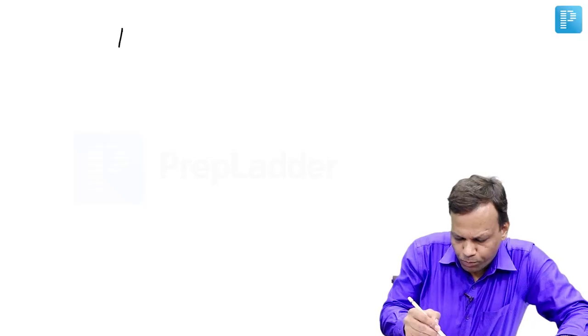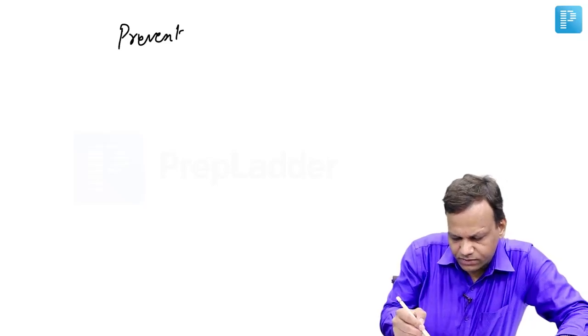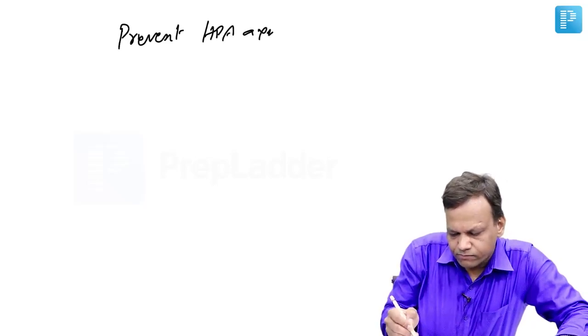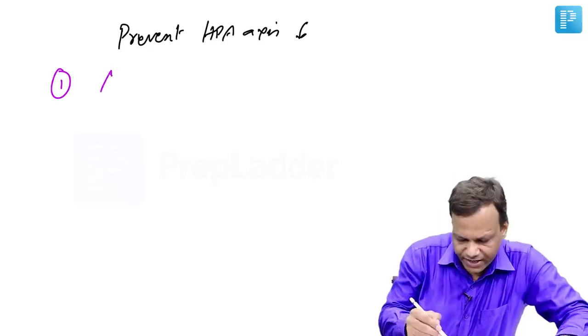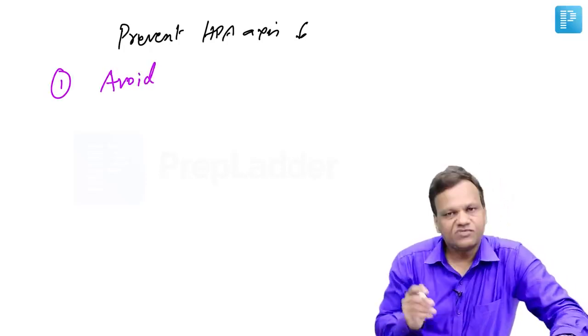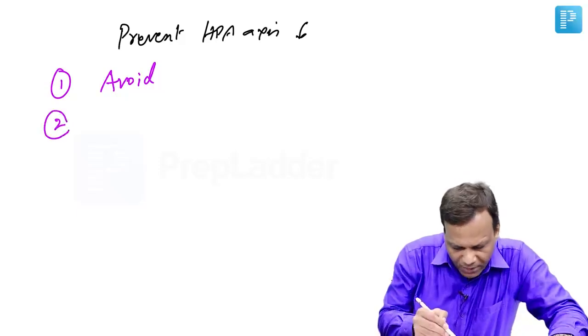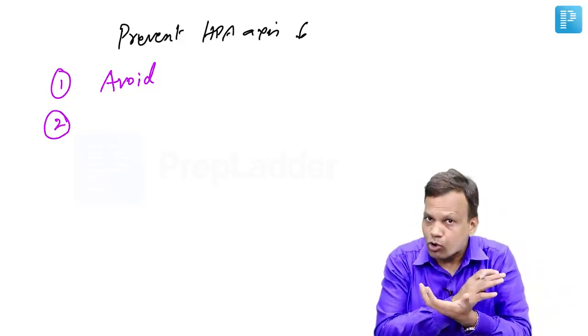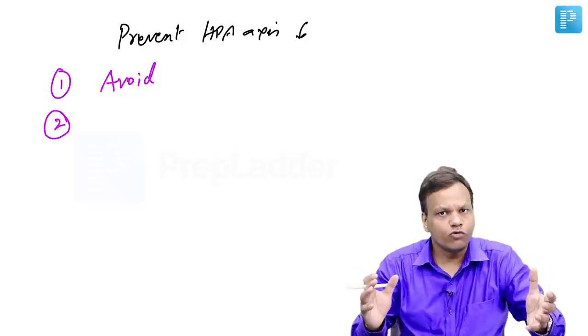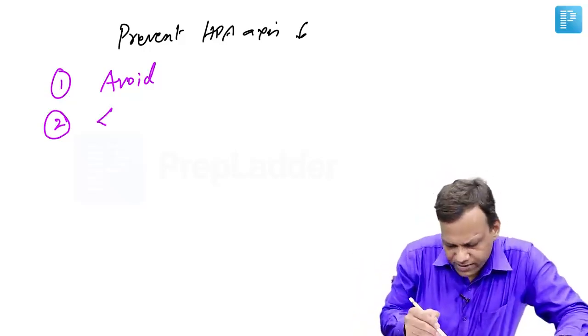So we need to prevent that. What are the options? How to prevent HPA axis suppression? The most important thing, do not use glucocorticoid unnecessarily, that means avoid when we can manage with other drugs. Suppose we cannot manage and have to give the drug, HPA axis suppression will occur when we give them continuously for around 2 weeks. So try to give them for less than 2 weeks.